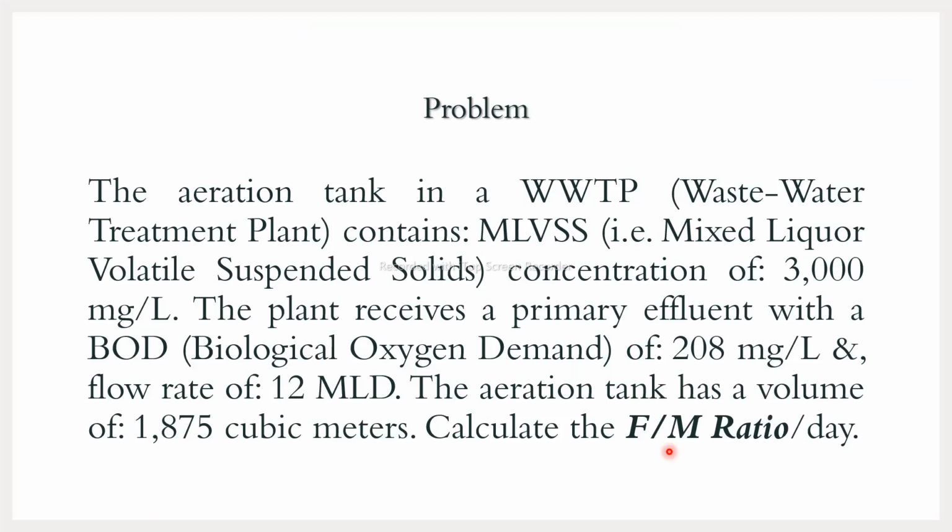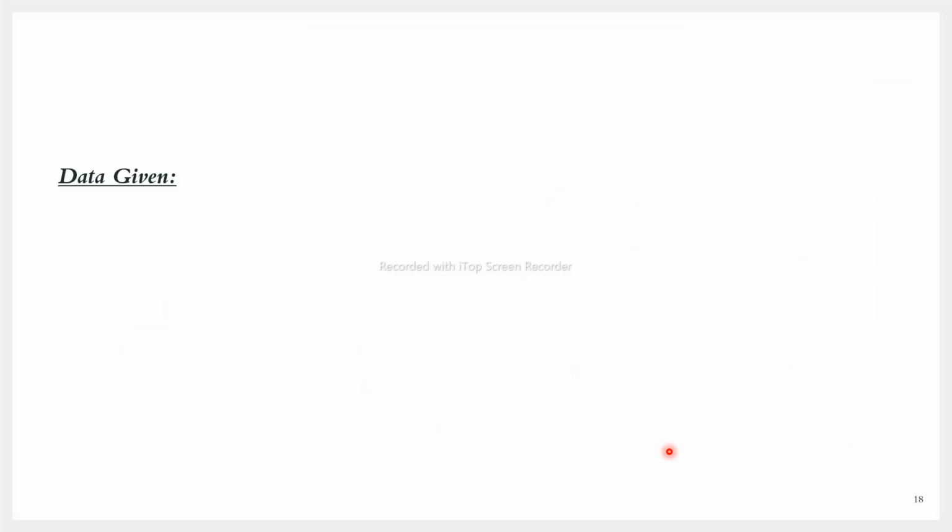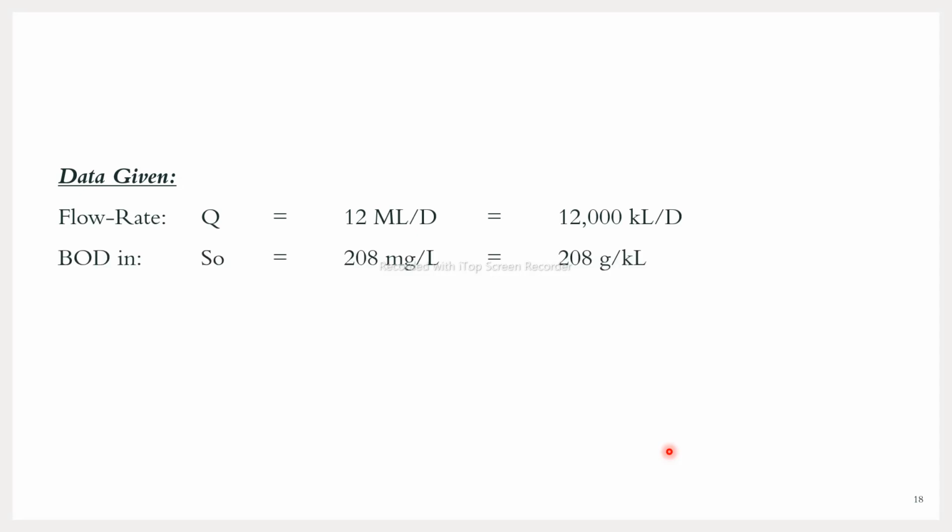Okay, so I'll go with the solution. So the data given, flow rate is given as 12 ML per day, that is 12,000 kiloliter per day. BOD in is denoted as S naught, which is equal to 208 milligram per liter, which is nothing but 208 gram per kiloliter.